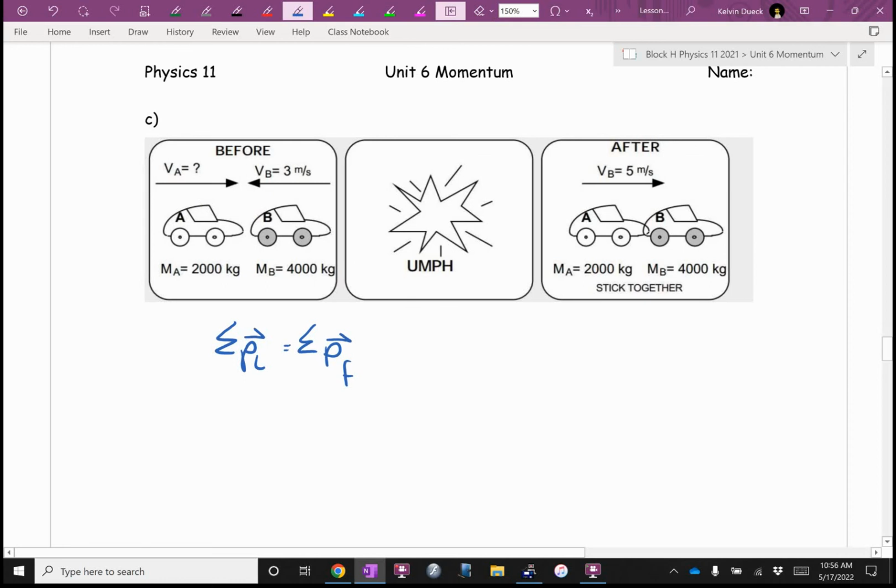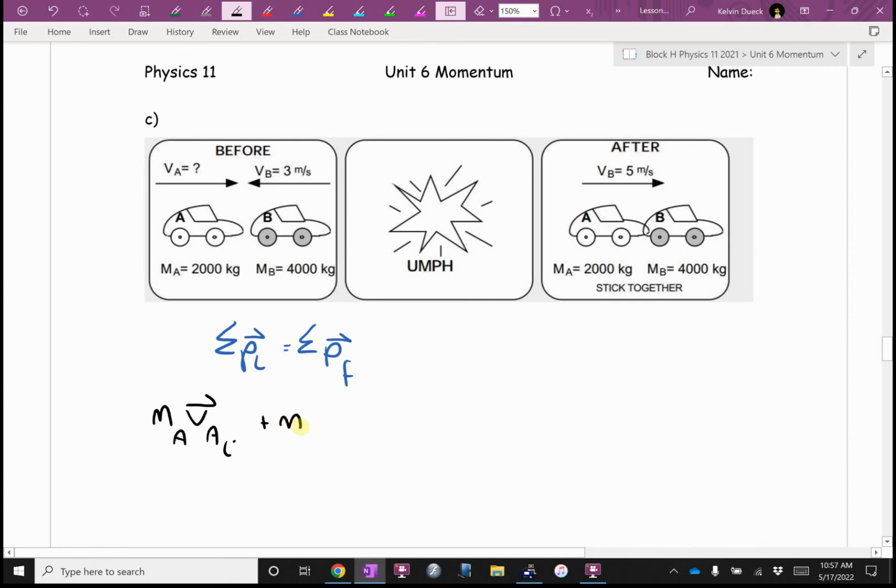Separate. By the way, I notice after the collision they're going to be stuck together, so we'll have to figure out how to deal with that. So before the collision, they're both moving. They both have momentum. Momentum is what times what? It's on your green sheet. No panicking. Go look. So the momentum of car A is mass A, velocity A initial, and that's what we're eventually going to get by itself.